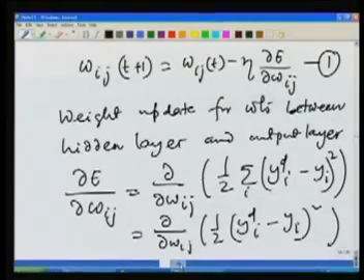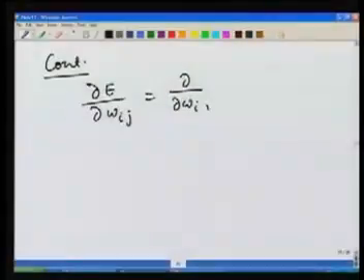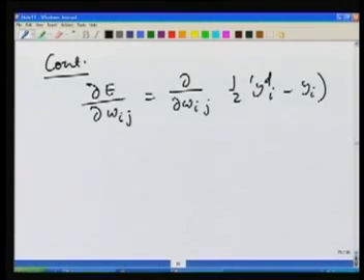We go again. So, we continue. So, del E by del Wij we found out to be del by del Wij of half y d I minus y I square.